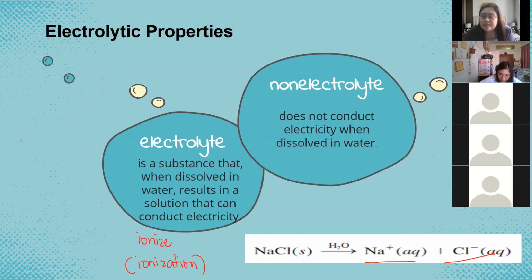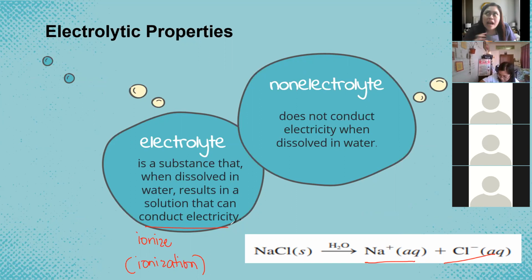And due to the presence of these ions, merong mga charge, kaya siya nagkakandak ng electricity. Kaya tinawag siyang electrolyte. Now, those solutes, class, na if you dissolve them in water and then hindi sila mag-ionize, walang charges or walang charged particles na mapoproduce, ang tawag natin sa kanila non-electrolyte.